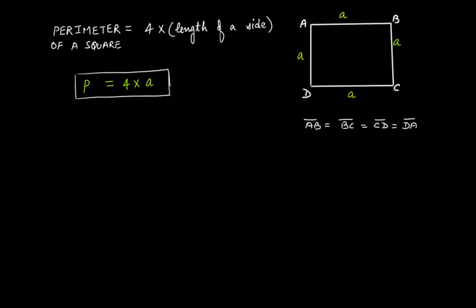And now you have to mention where. It's really very important whenever you write the rule or the formula using variables in algebra, you have to then tell what P stands for. So P is the perimeter of a square.